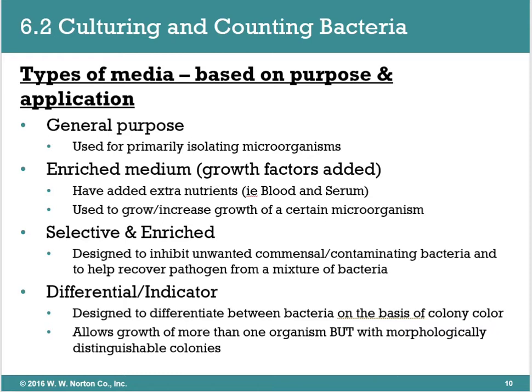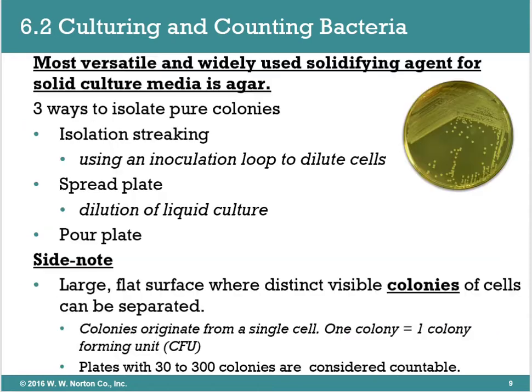And then the last one is differential or indicator. This is the one that is designed to differentiate between different bacteria. It allows growth of more than one organism, but a lot of times they are morphologically different, meaning that they look different on the plate, such as the image before.